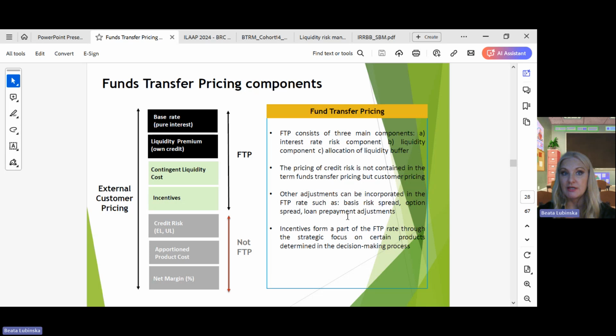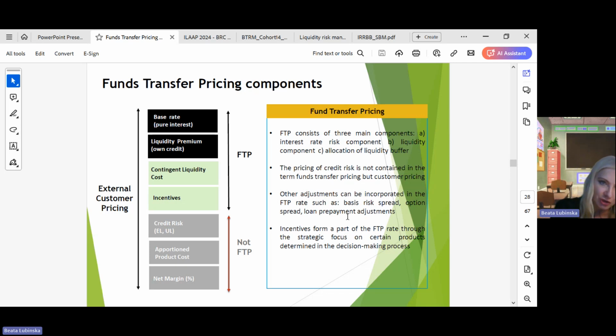The third component, I have heard different opinions about it. Sometimes it is not considered an FTP rate component, because it has to be calculated separately and allocated. But sometimes you do something which is known as behavioralization of the product, and you automatically allocate this cost of contingent liquidity into the FTP rate.